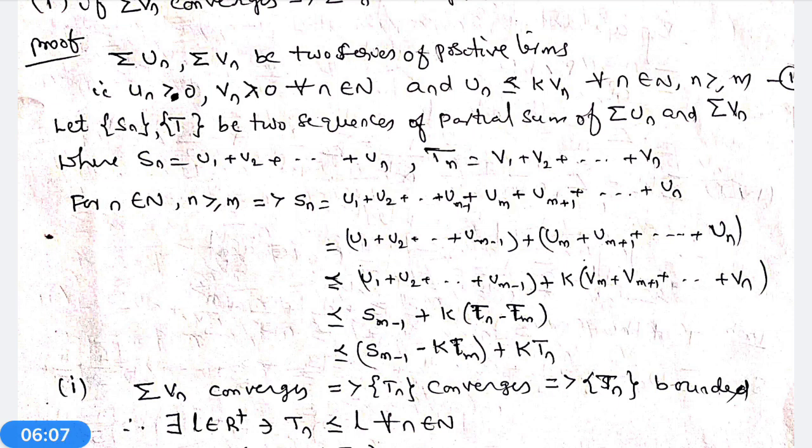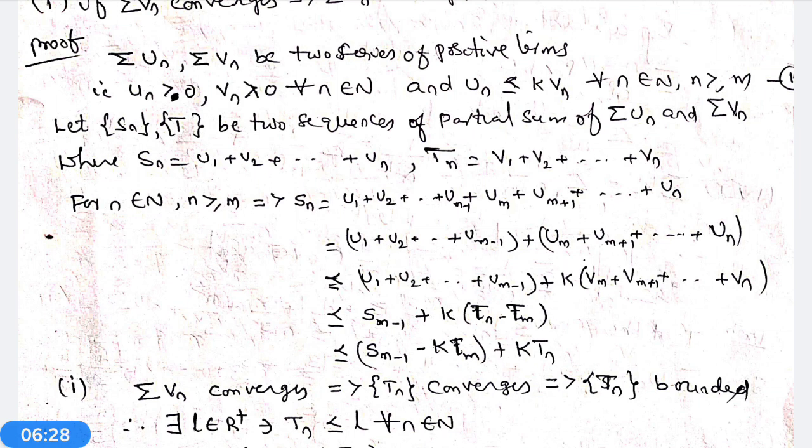But from the hypothesis, sigma vn converges. Sigma vn converges implies the sequence Tn converges, which implies the sequence Tn is bounded, because every convergent sequence is bounded.